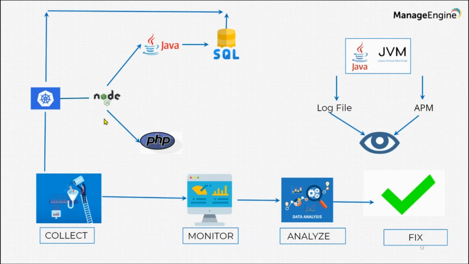All these were separate images or separate components, all outputting the log files to different locations, which is a challenging factor in case performance issues arise. How can one analyze, because Java is outputting the log file to a different location, SQL is outputting the log file to a different location? Correlation will be missing.